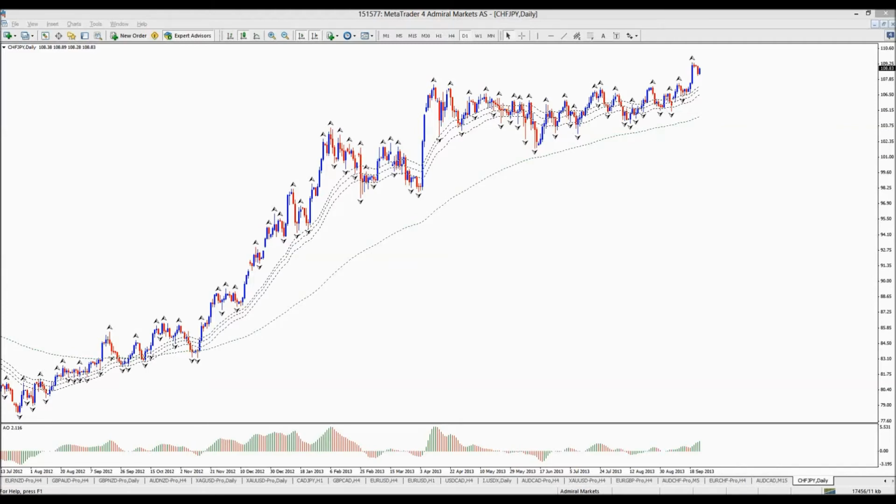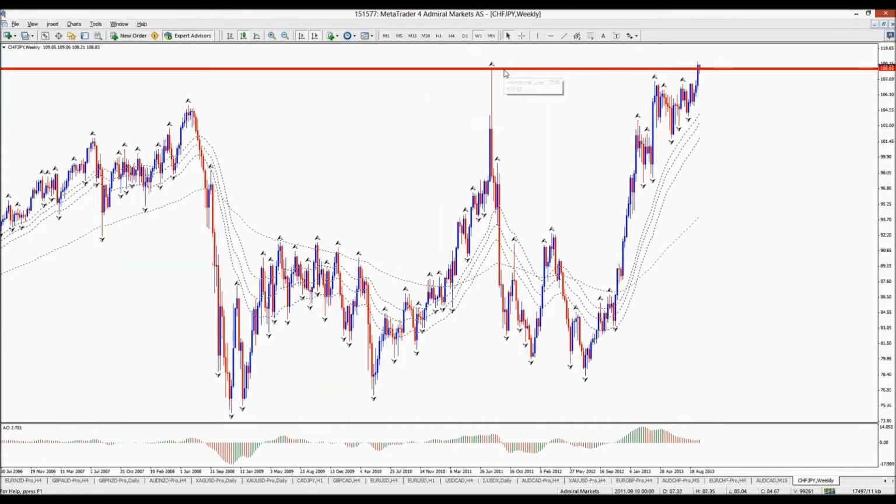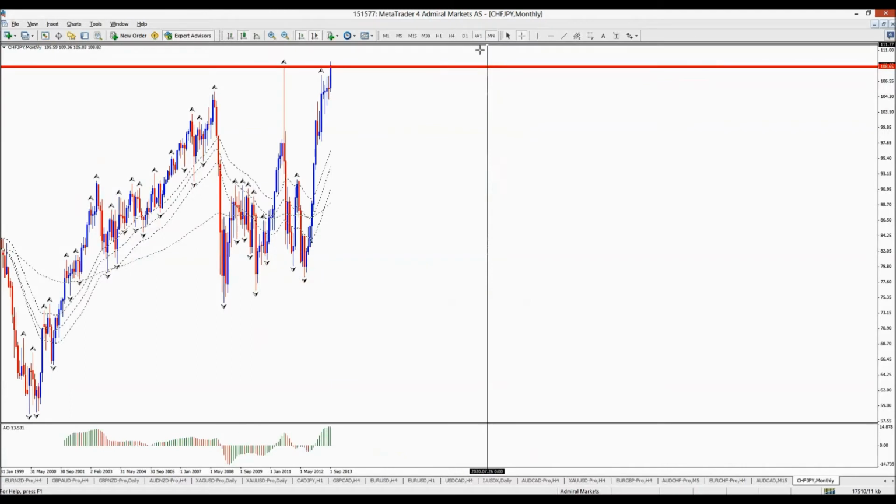Yeah, the Swiss yen, of course, very interesting because it really broke above this 108.60, which was the massive high, I don't know, the last couple of years at least, all the way back to 2006. Can't see further than that, and I don't know exactly what the Swiss yen did before.